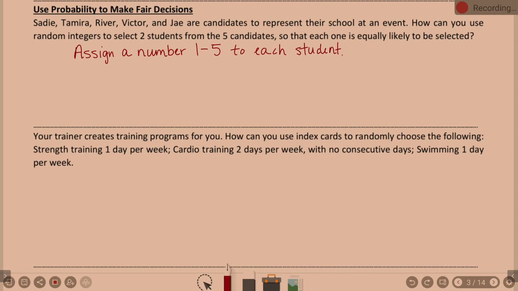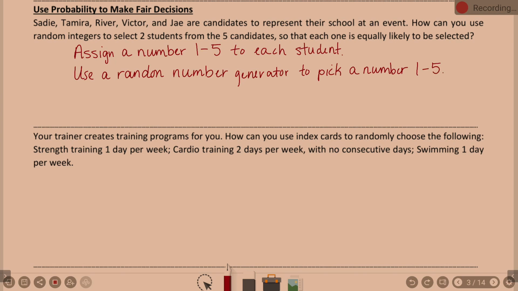Mine is listed as, I'm going to go ahead and use a random number generator. So pick a number 1 through 5. Again, there's not one right answer here. If you said pick a random number out of a bowl or something, that's fine too.